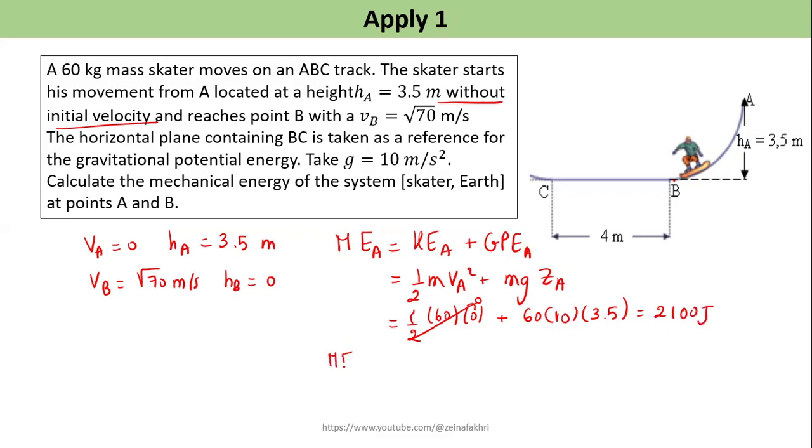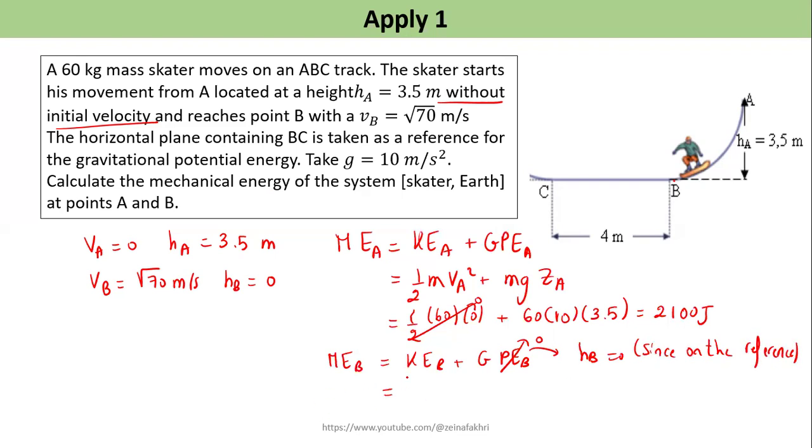Now we'll do it at the point B. So it's also KE at the point B plus GPE at the point B. Now we have here the height of B is 0, which means all of this part will become equal to 0, since it's on the reference.